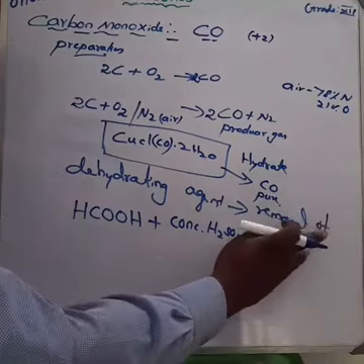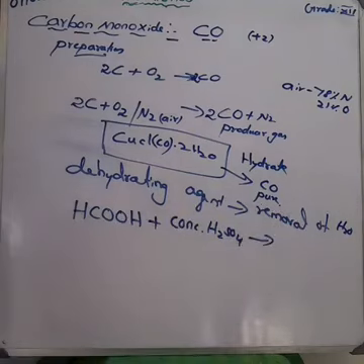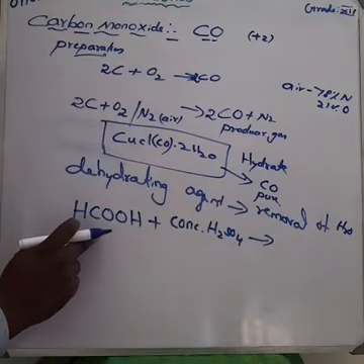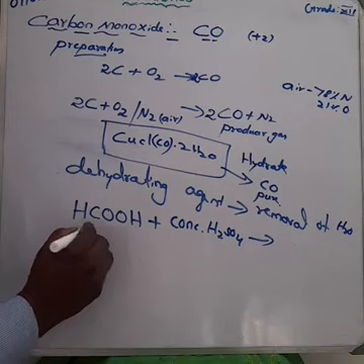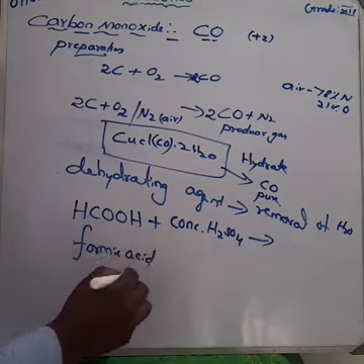So you have to write the methanoic acid. Okay. What is the common name of methanoic acid? That is formic acid. Okay, formic acid is the other common name of methanoic acid.